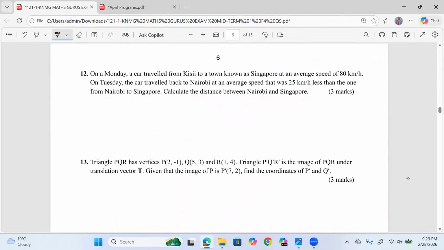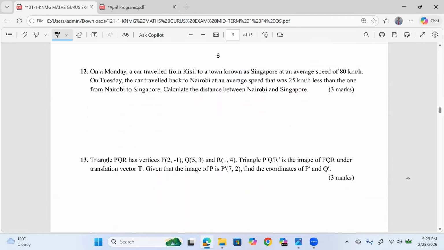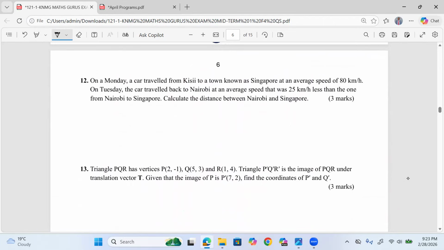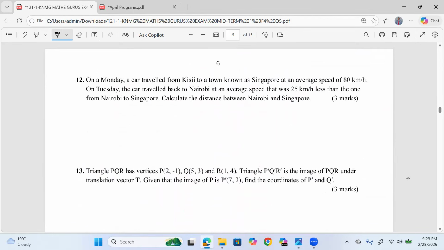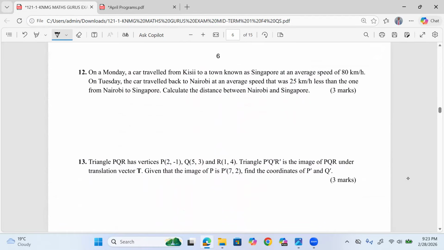Number 12. On a Monday, a car traveled from Nairobi to a town known as Singapore at an average speed of 80 kilometers per hour. Let's continue and see the miracles being performed here by the setter of the question.